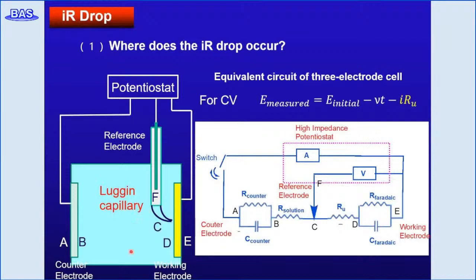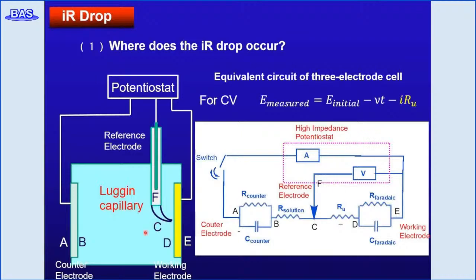The right-hand side figure shows the equivalent circuit for the 3-electrode cell in solution, where the electrode potential is controlled by a potentiostat. The circuit between the counter electrode and solution can be represented as a resistance and capacitor in parallel.